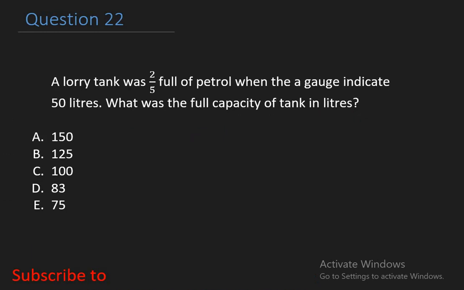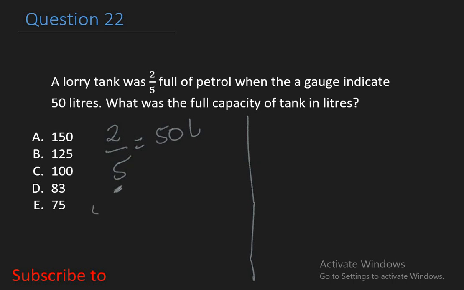Question 22. A lorry tank was 2/5 full of petrol when a gauge indicates 50 liters. What was the full capacity of the tank in liters? The tank was 2/5 when the gauge indicates 50 liters. Now, to get the capacity, you just flip, because the denominator always means everything.